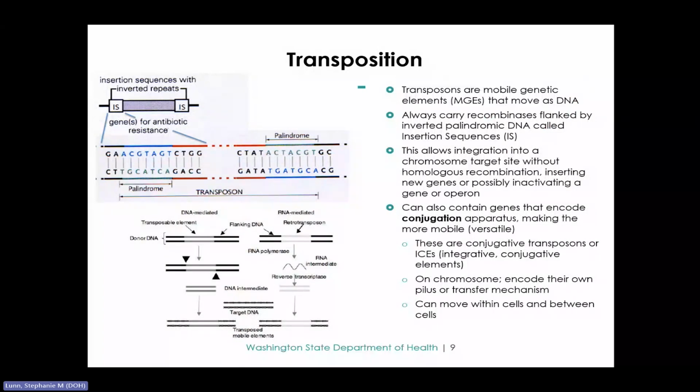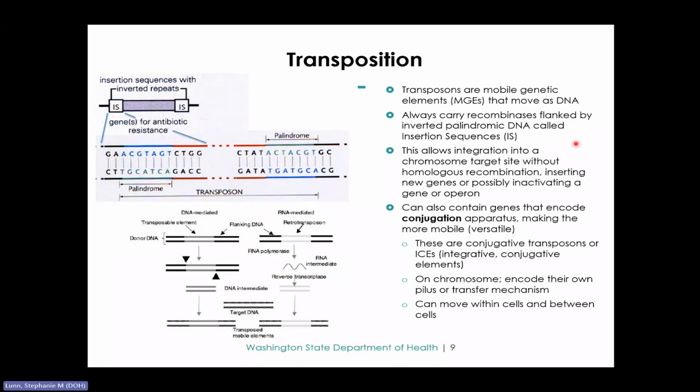And you might recall me mentioning them as these sort of jumping genes because they can hop from one place in DNA to another. Transposons are an example of mobile genetic elements, or MGEs, that move as DNA. And transposition is the process by which a transposon moves. I find them to be very important as transposons can carry genes for resistances to antibiotics and heavy metals.